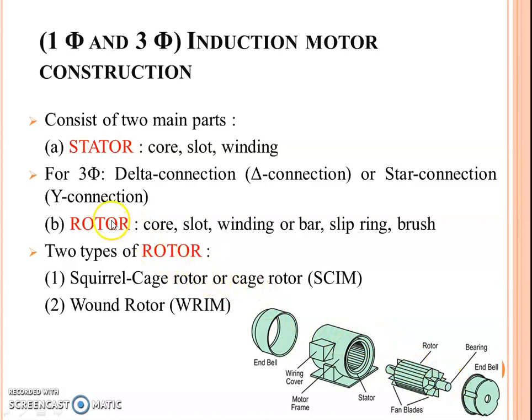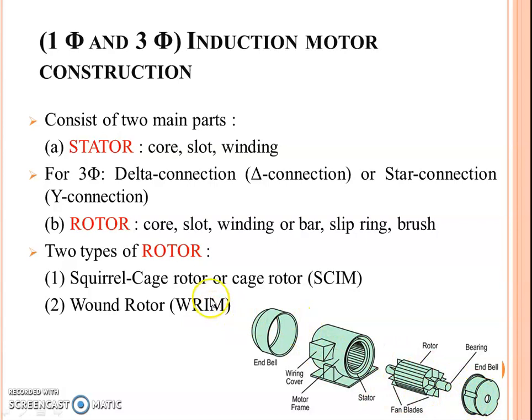And we have a rotor, which has the core and slots, the winding on the bar, slip ring, and brushes. For the induction motor, we have two kinds of rotor construction: squirrel cage type or wound rotor type, SCIM or WRIM.